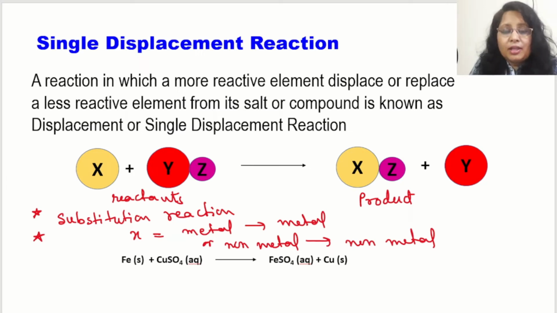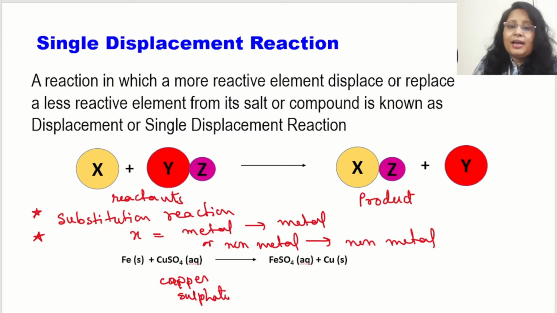Let's have a look at an example. If we have copper sulfate solution, and we put an iron nail in that. Fe means iron. What will happen? Iron is more reactive than copper.